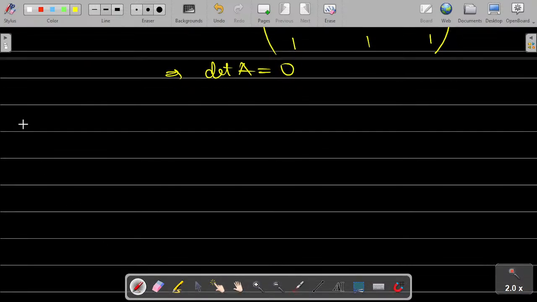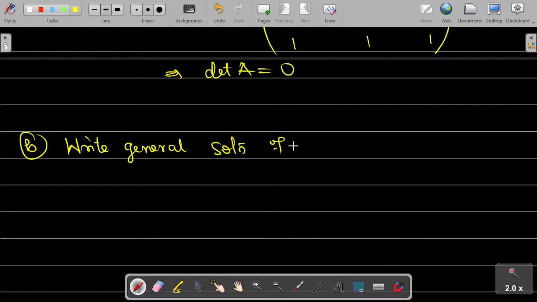So we go over to question B of the same number 4. There it says that we should write the general solution of the equation. This is the equation you are given: 10x minus 3y minus 2z equal to 7.